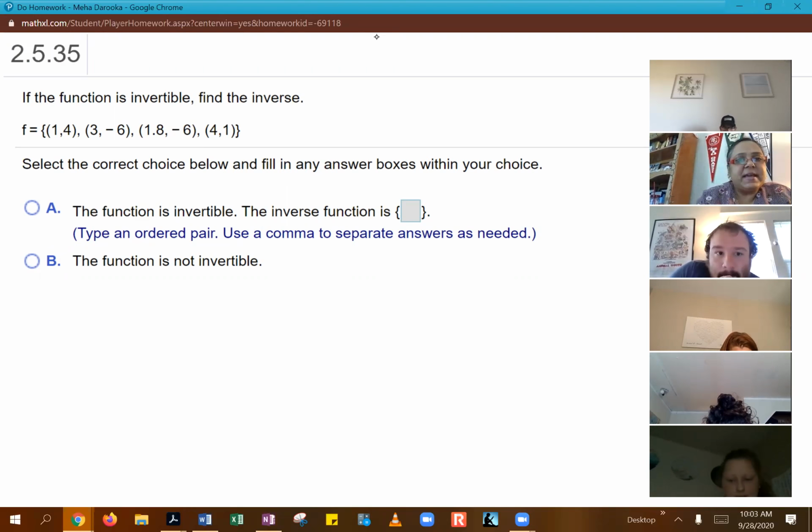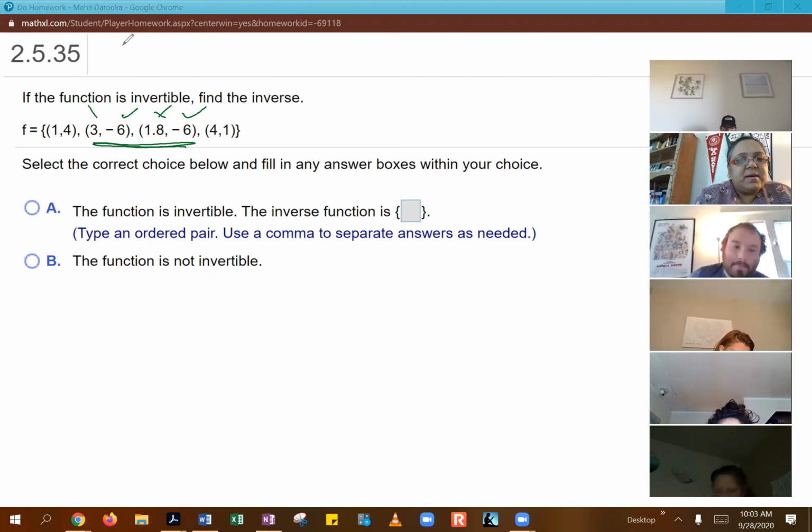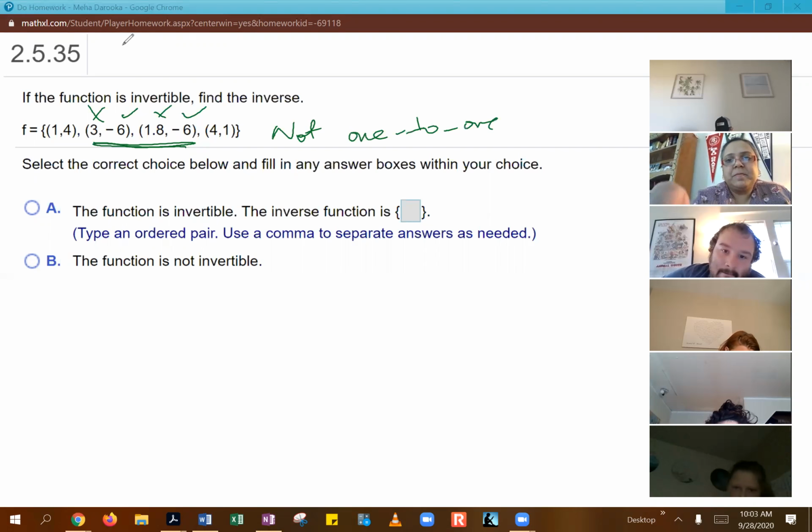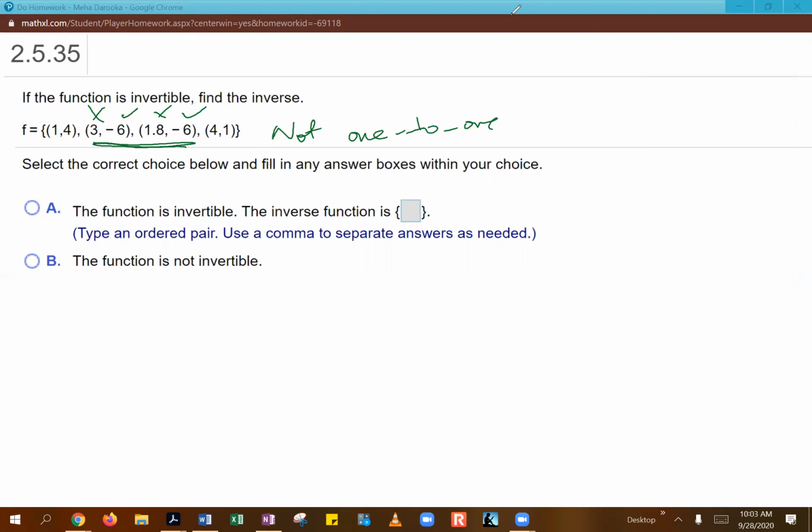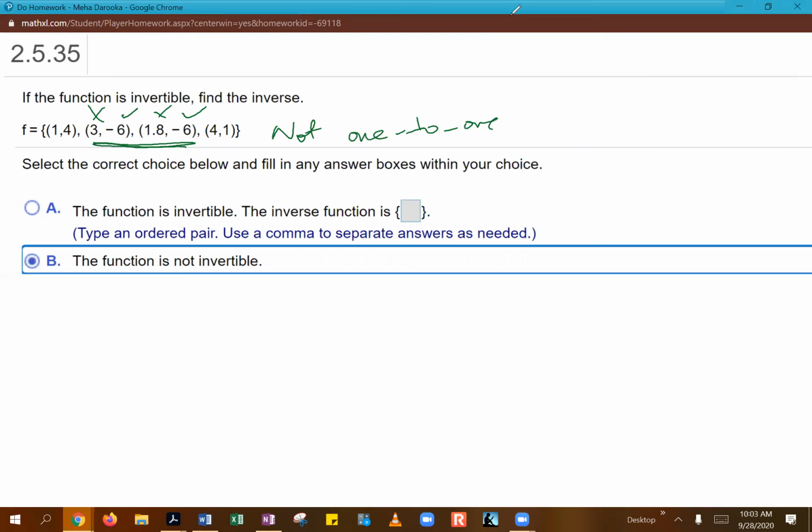Yeah, Arthur, you're saying yes? And this is right here in the middle, right? For the same y value, you can see we have two different x values, right? So this is actually not 1-to-1. And since it's not 1-to-1, our function is not invertible.